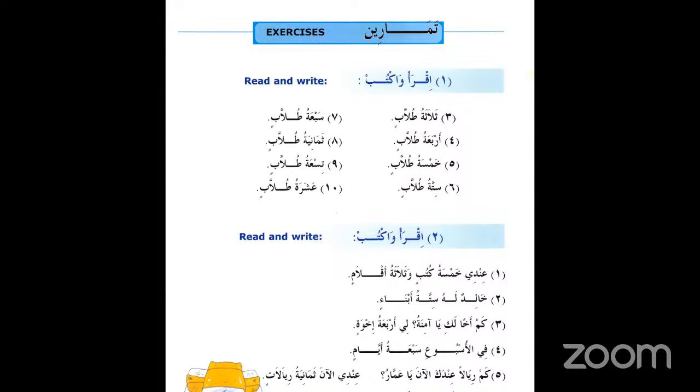Again the number is feminine and the ma'dud is masculine. Then khamsatu tullabin, sittatu tullabin, sab'atu tullabin, thamaniyatu tullabin, tis'atu tullabin, and then asharatu tullabin.